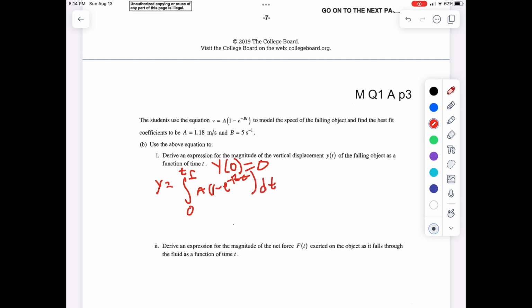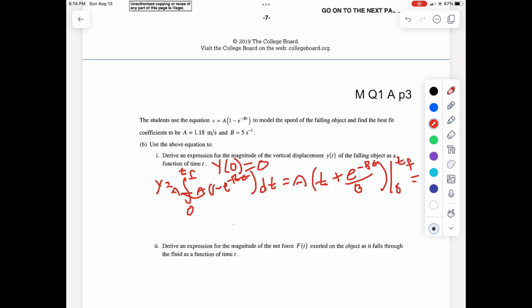All right, so this is equal to, I'll pull out this a, so that the a goes there. So that's equal to a times t plus e to the negative bt over b from 0 to t final.